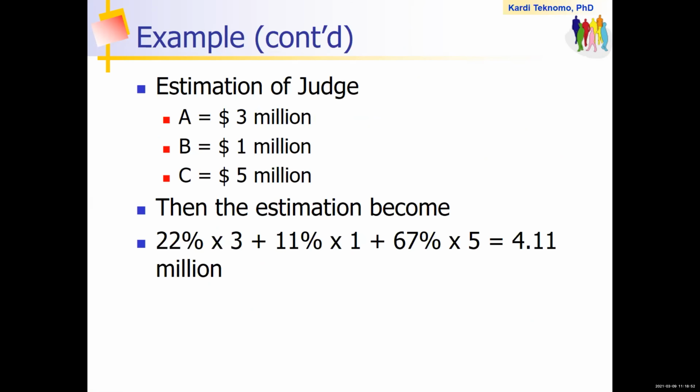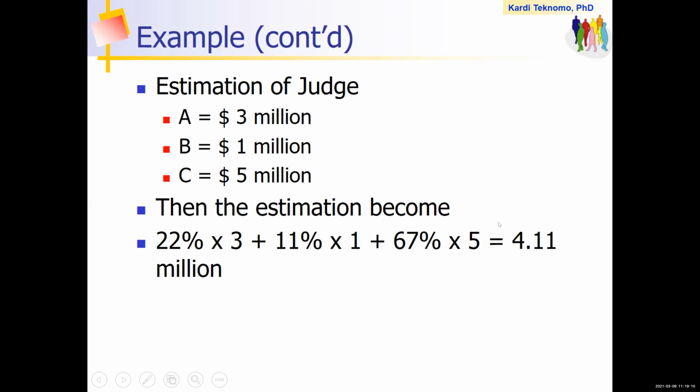Okay, now based on that, for example, A said that house is 3 million, B said it's 1 million, C said it's 5 million. Then the estimate, now based on the weighted value, instead of 3 million, now becomes 4.11 million.